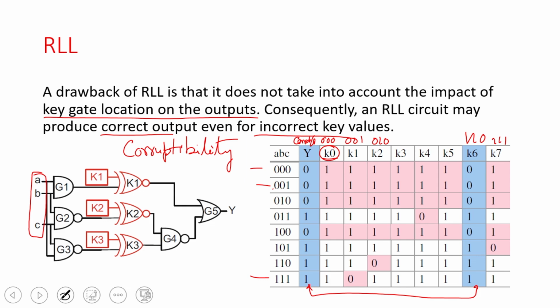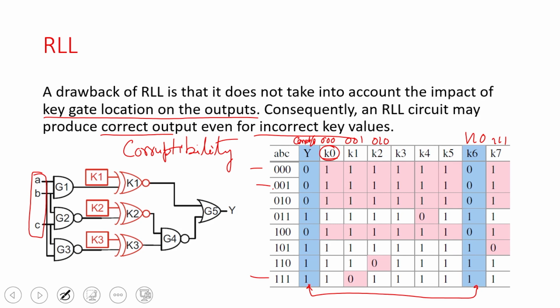If you give 0 0 1, the corruptibility is 3 out of 8, which is about 37%, right. So, this way you can make out that you do not have any key for which you get all outputs wrong, right. It is not possible. In some cases the errors will cancel each other and you will get the correct output. Okay.